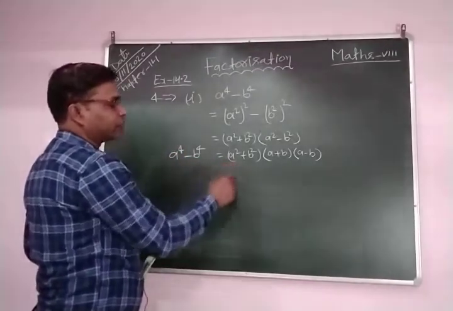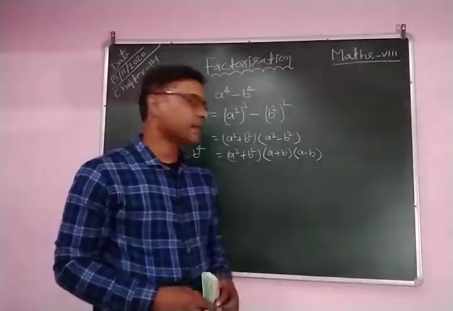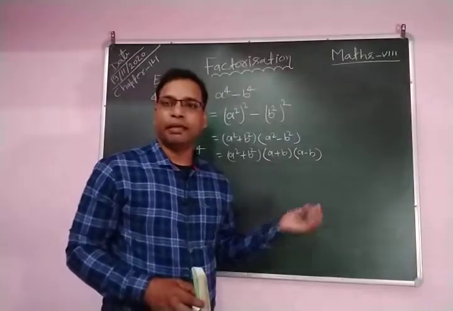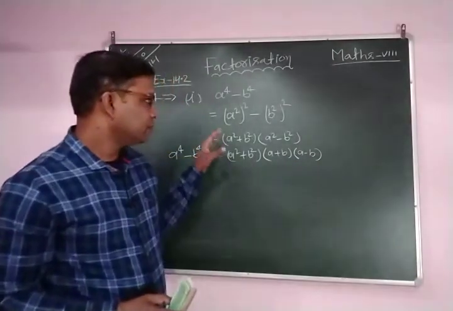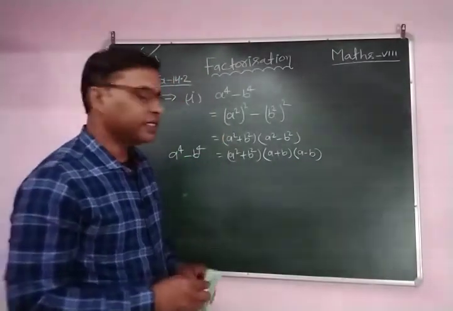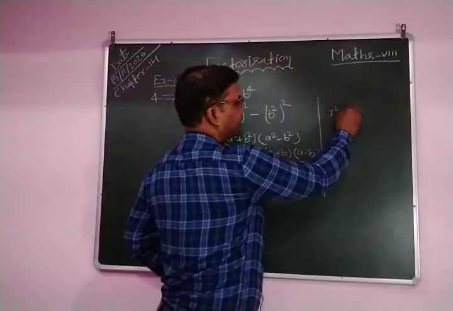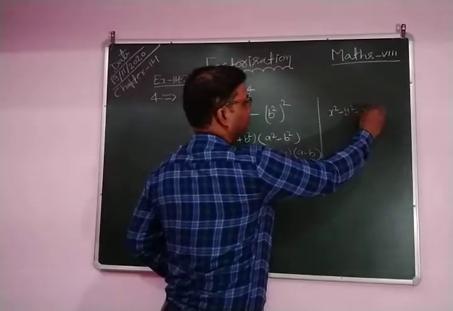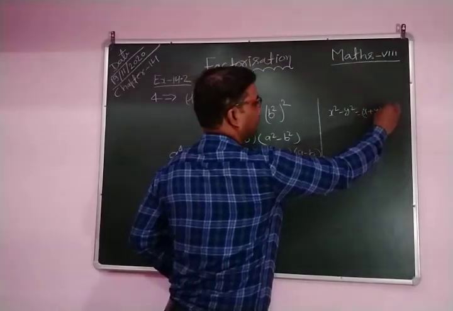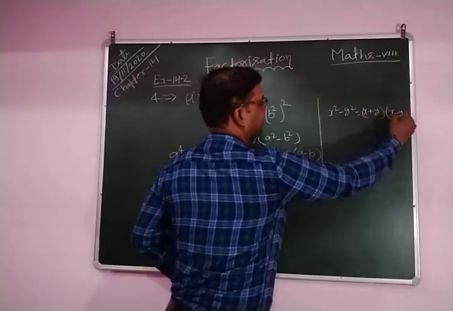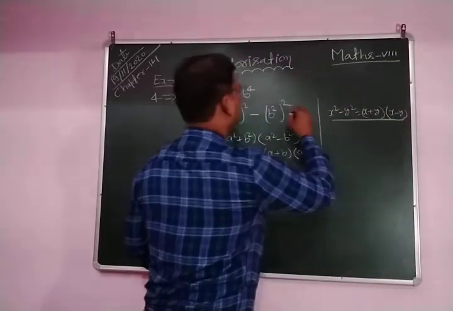This is equal to a square plus b square into a plus b into a minus b. So here we use the third identity. What is the third identity? The third identity is x square minus y square is equal to x plus y into x minus y.